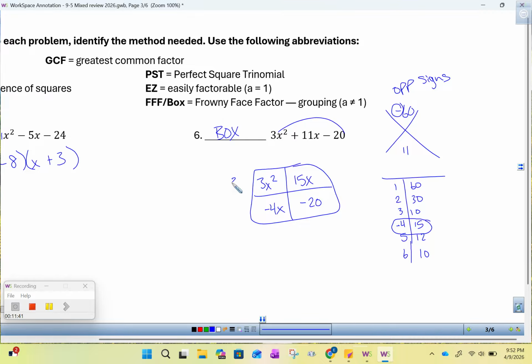Factoring around, we have 3x, negative 4, x and 5, our final factored form being 3x minus 4 and x plus 5. Remember, these can be flipped around in any order. You just have to make sure your first times your first gives you 3x squared, and your second times your second gives you negative 20.